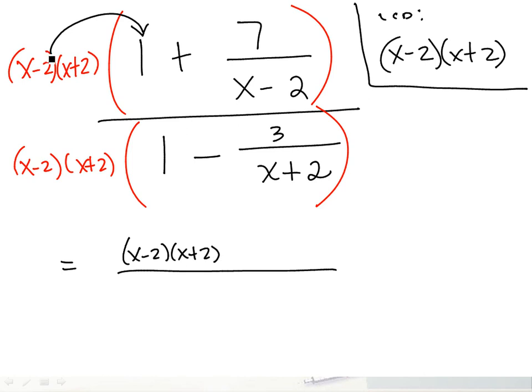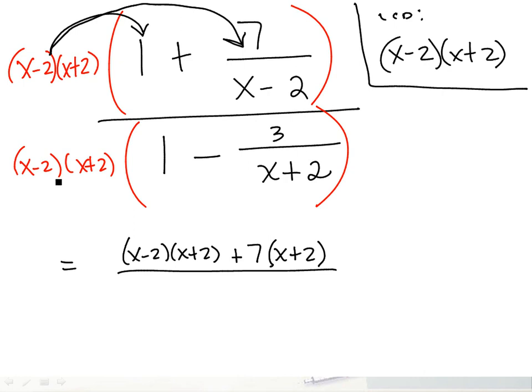But here, if we multiply x minus 2 times x plus 2 times 7 over x minus 2, notice that the x minus 2's will cancel. And you'll only be left with the plus sign that's in the middle, 7 times what's remaining, which is x plus 2. Okay? And we'll simplify later.